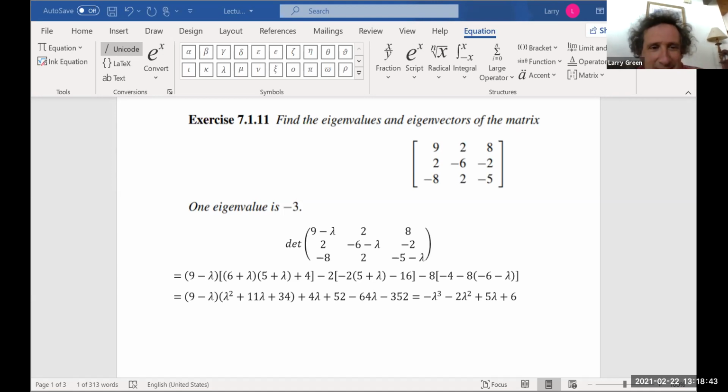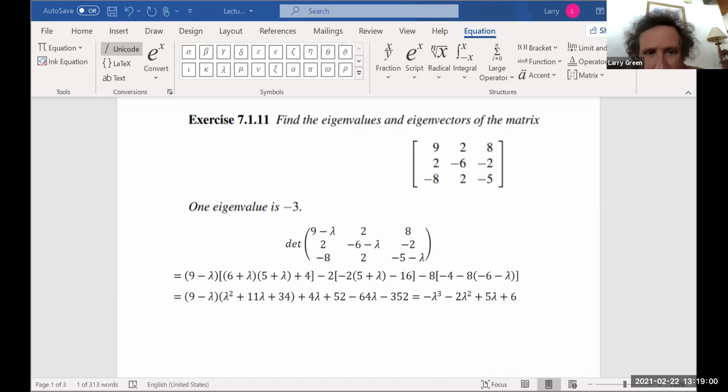I'm pretty impressed that Symbolab actually can handle lambda because I copied and pasted. And you get negative lambda plus 1, lambda minus 2, lambda plus 3. Any questions on that?